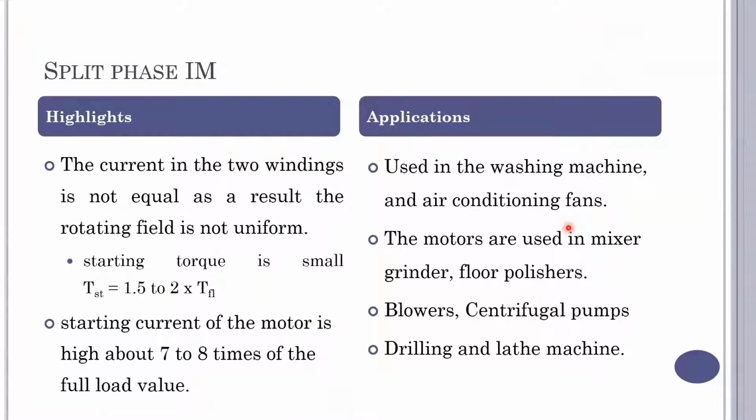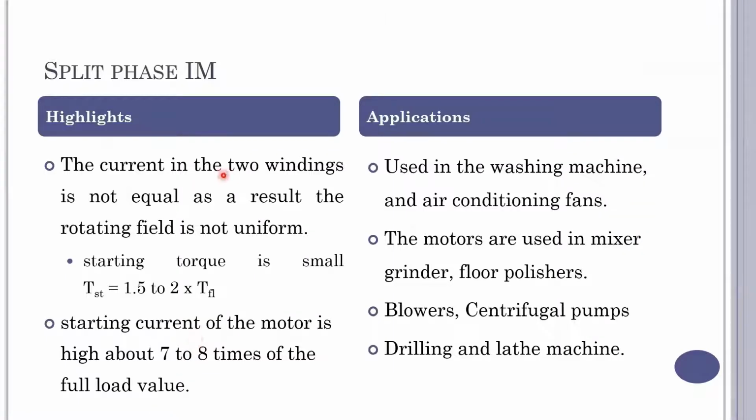And now let us go to the highlights of a split phase induction motor. The starting torque is 1.5 to 2 times that of the full load torque in case of a split phase induction motor, and the starting current of this motor is high, about 7 to 9 times the full load value of current.